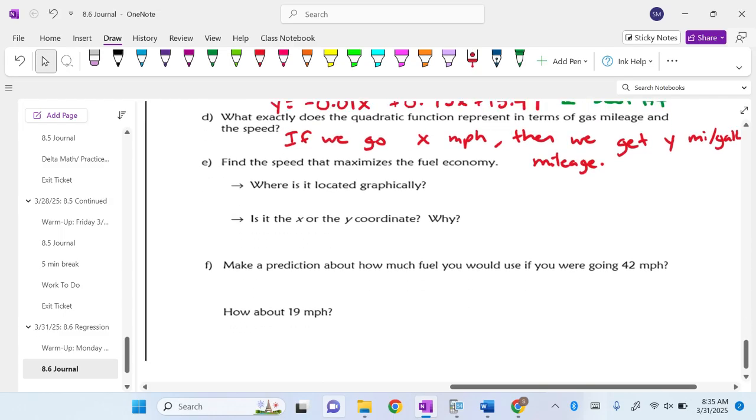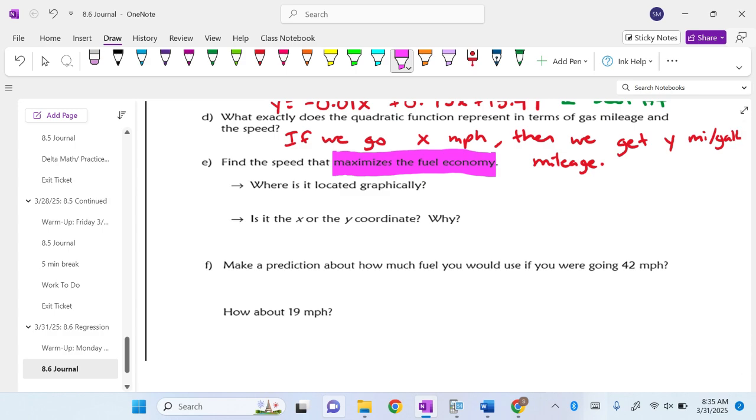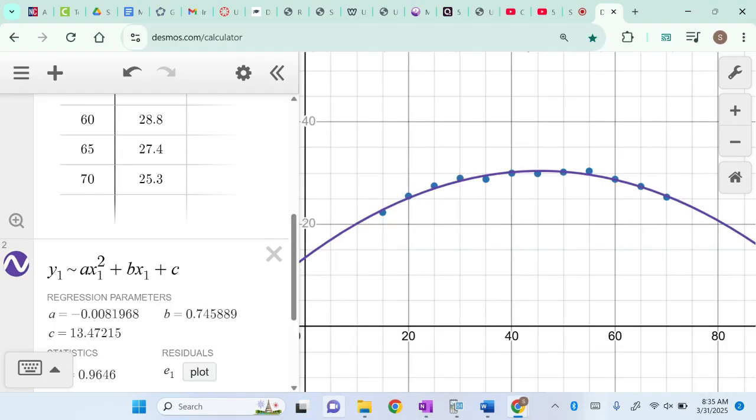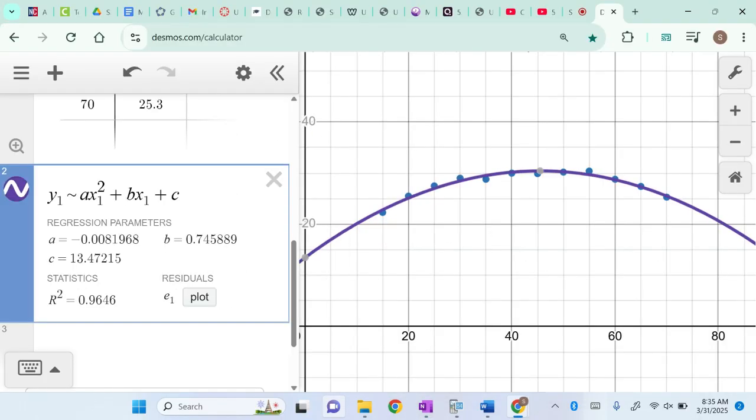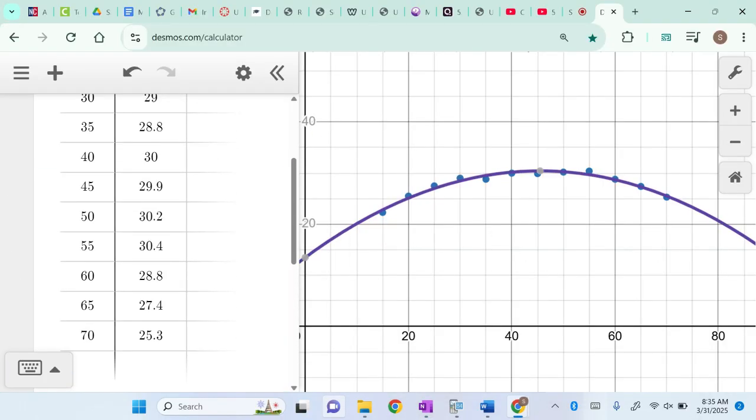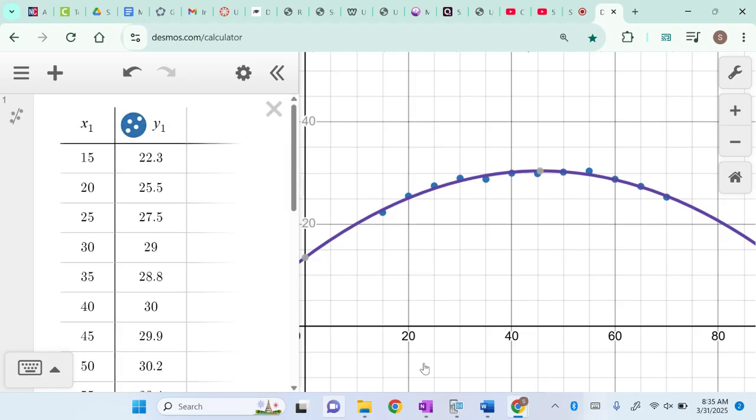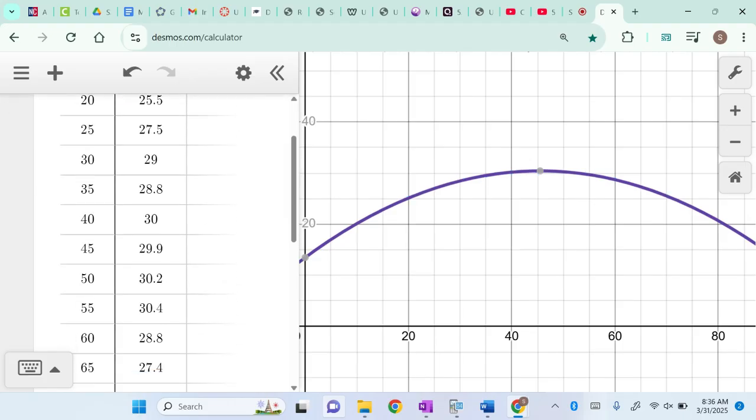Find the speed that maximizes the fuel economy. So based off of the graph, I just want to look at the line itself. If it helps, you can cover up the plots by clicking off the blue part.